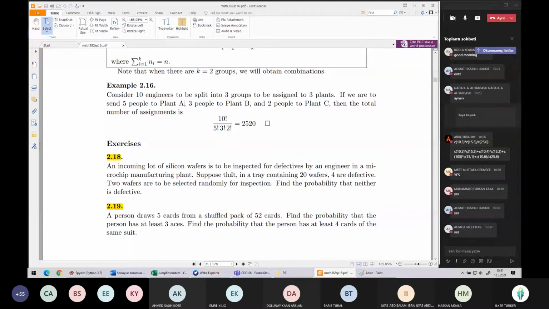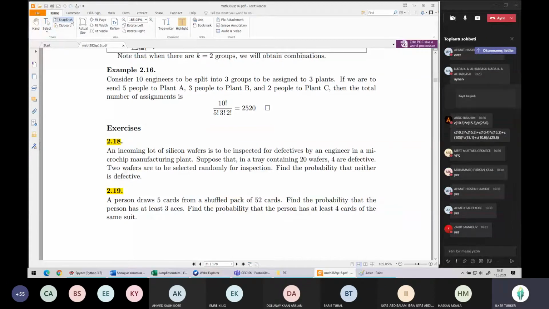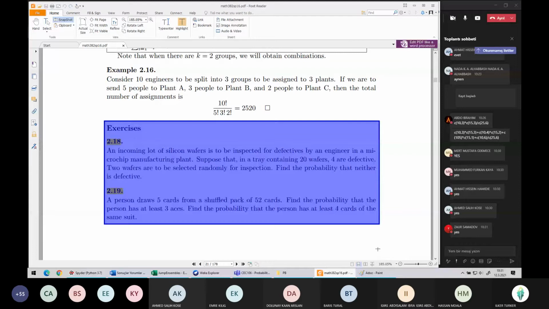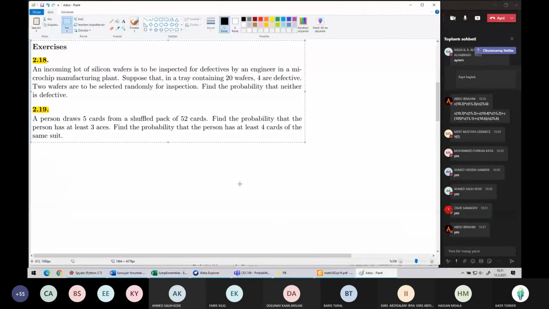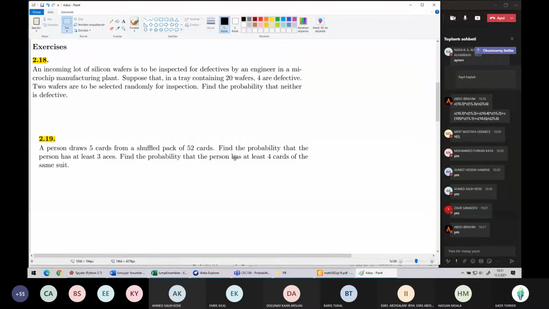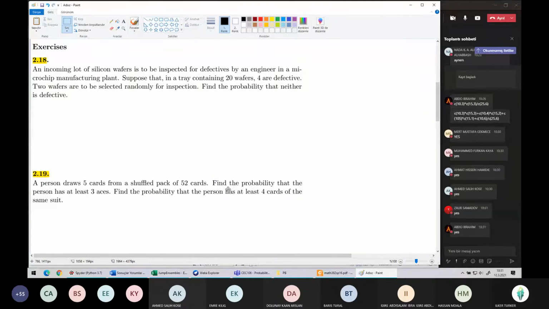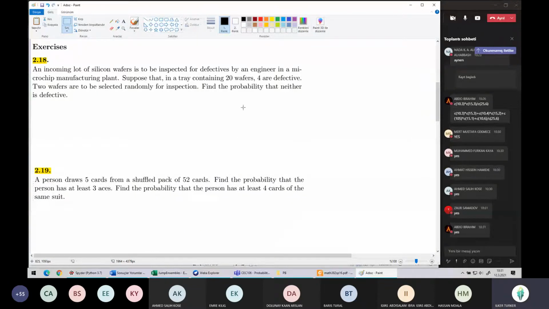Yes. Let's continue with the exercises. An incoming lot of silicon wafers is to be inspected for defectives by an engineer in a microchip manufacturing plant.